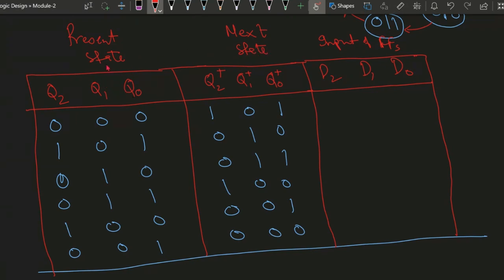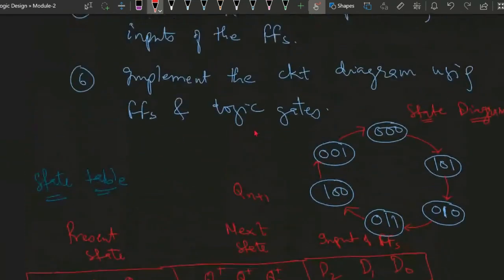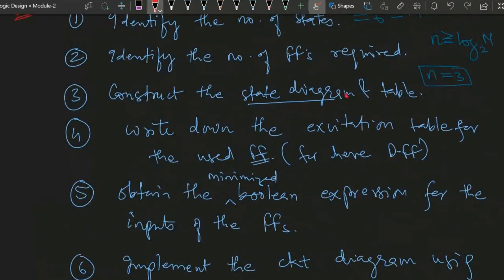The relation between the present state, next state, and the inputs of the flip-flop is given by the excitation table. So in the next step, after the state diagram and state table, we need to write down the excitation table for the used flip-flop.